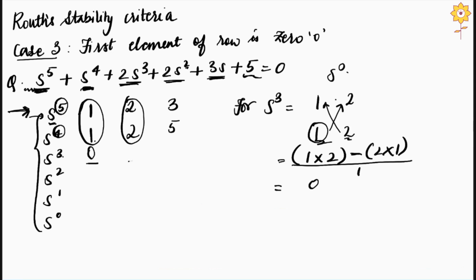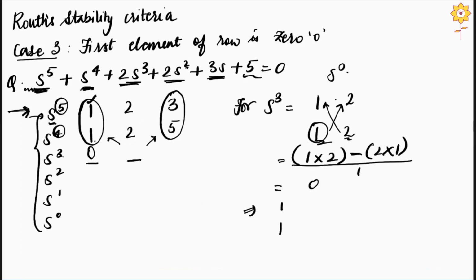Then, to find the value for this position, you will be using this 1 and 1 values again, okay. Do not make a mistake of using these two values, okay. So, you will start with 1 and 1, and instead of these two values, that is 2 and 2, you will be using 3 and 5. So, you will use values from these two rows, okay.